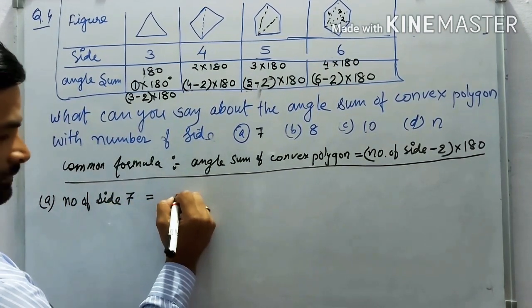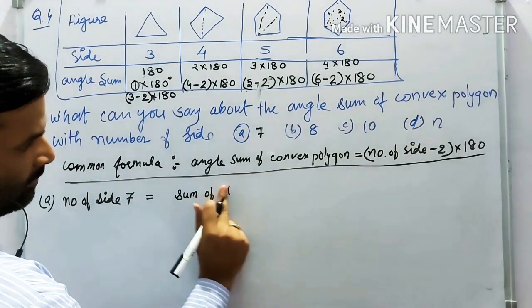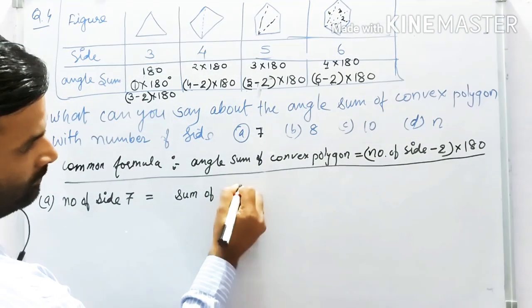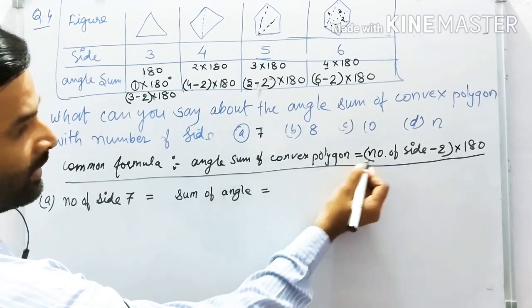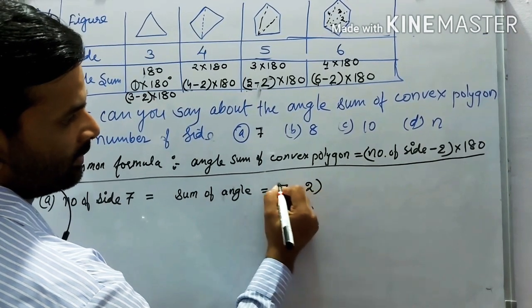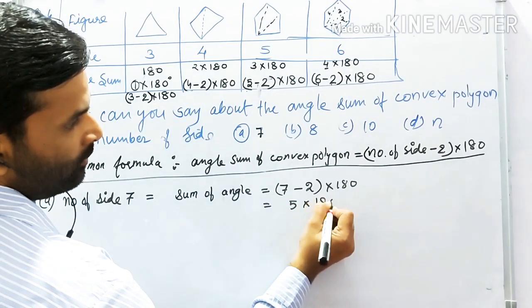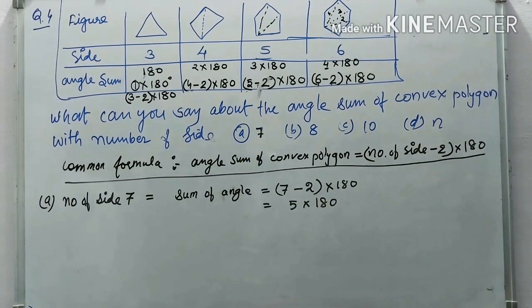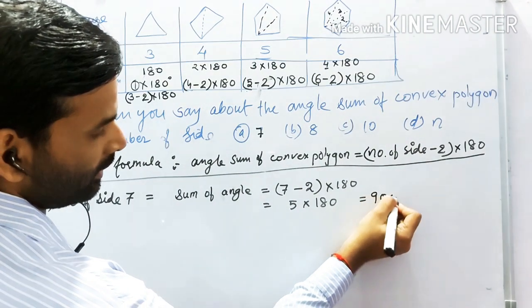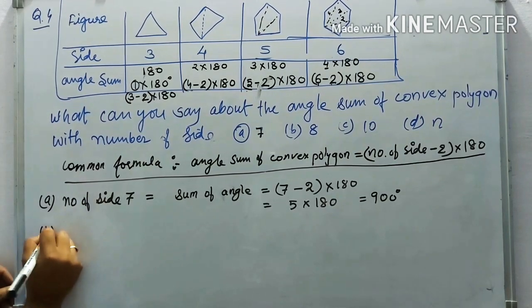So the sum of angles, with n equal to 7, is (7 minus 2) into 180, which is 5 into 180, equal to 900.